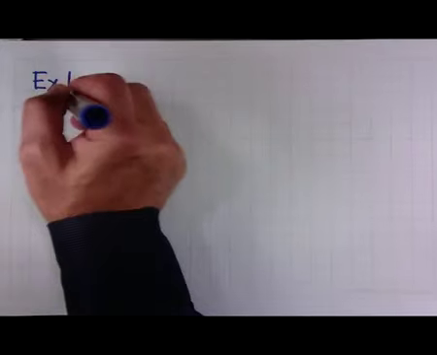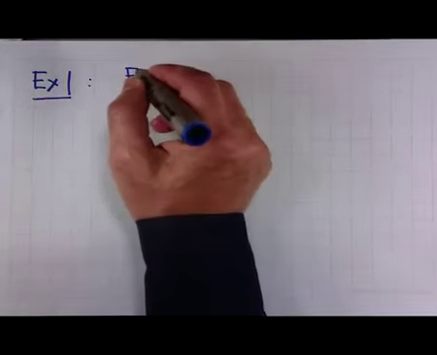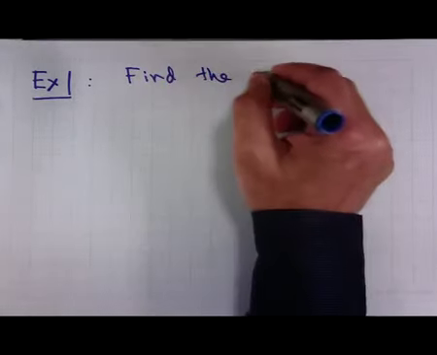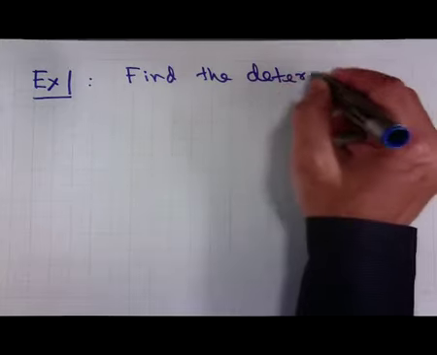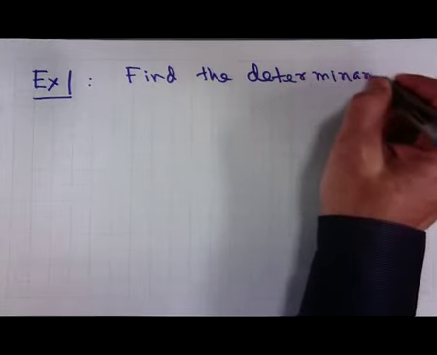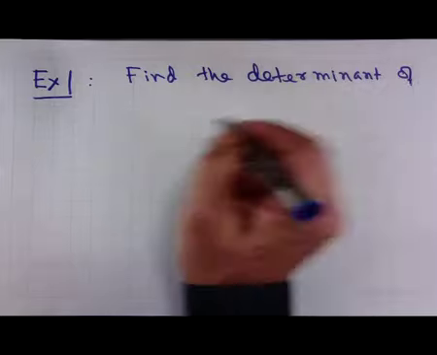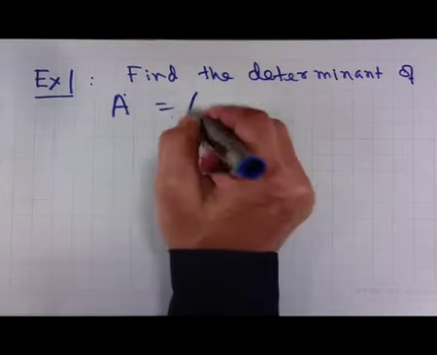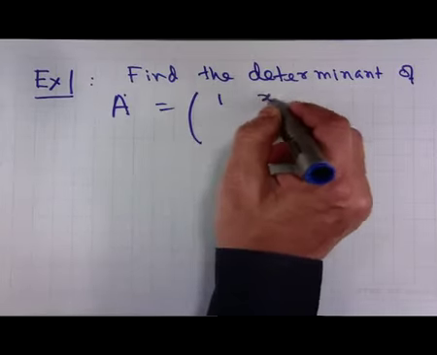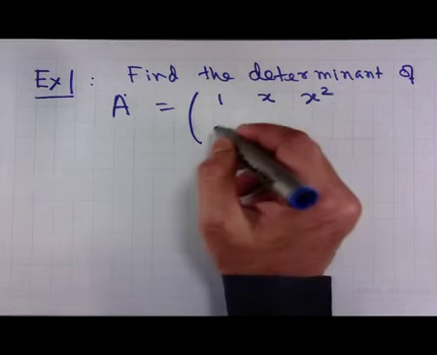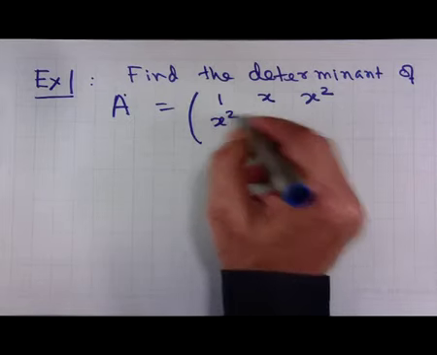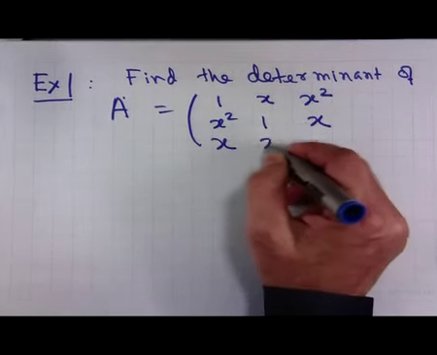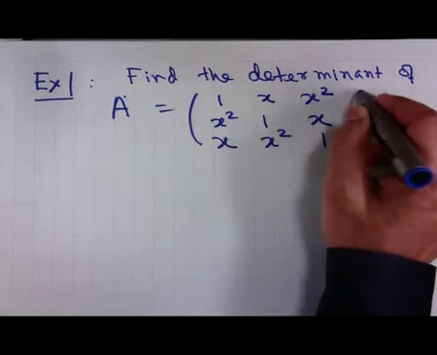Consider example 1. Find the determinant of A is equal to the matrix with rows 1, x square, 1; x, 1, x square; 1.